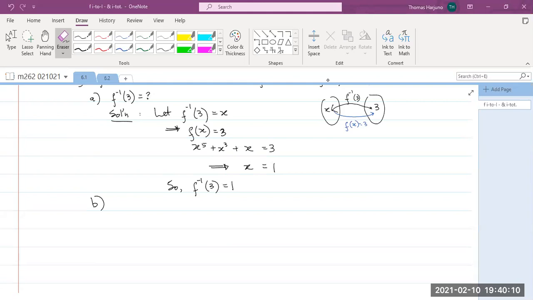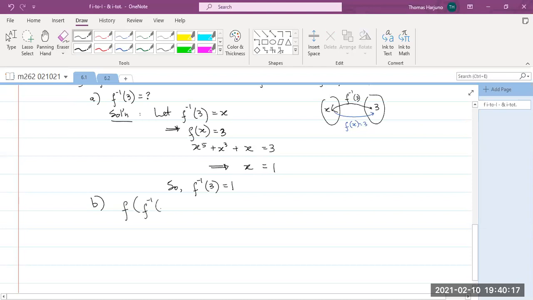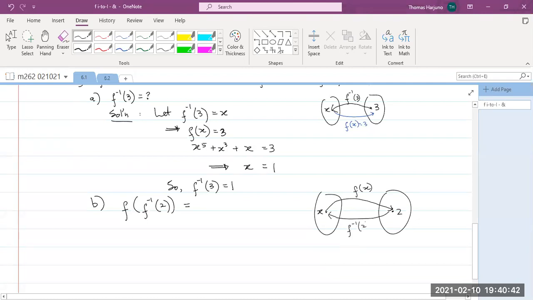Now part B. This question is actually a bit tricky. What does f inverse of 2 equal? Let's say this is x and this is 2, and this is the function f(x). This is the inverse function of 2.